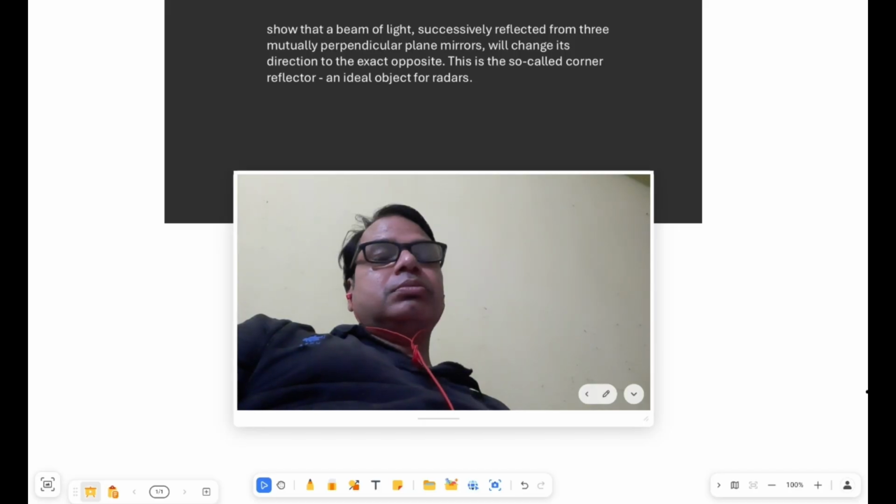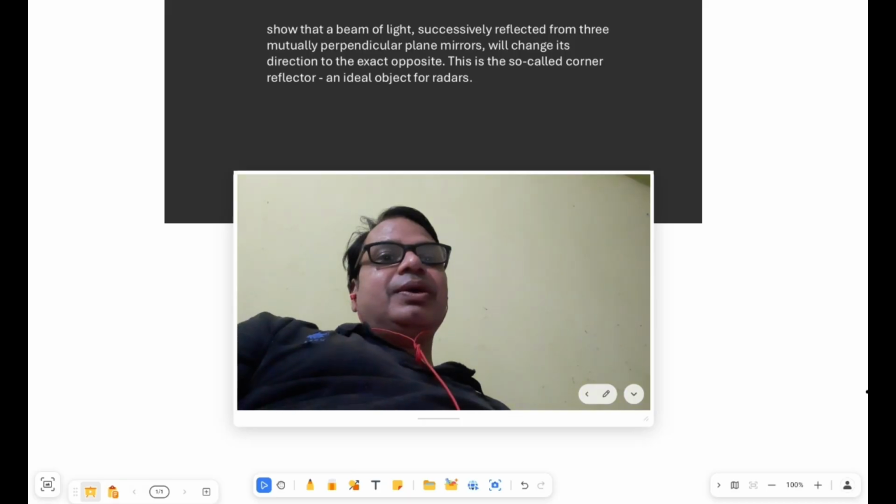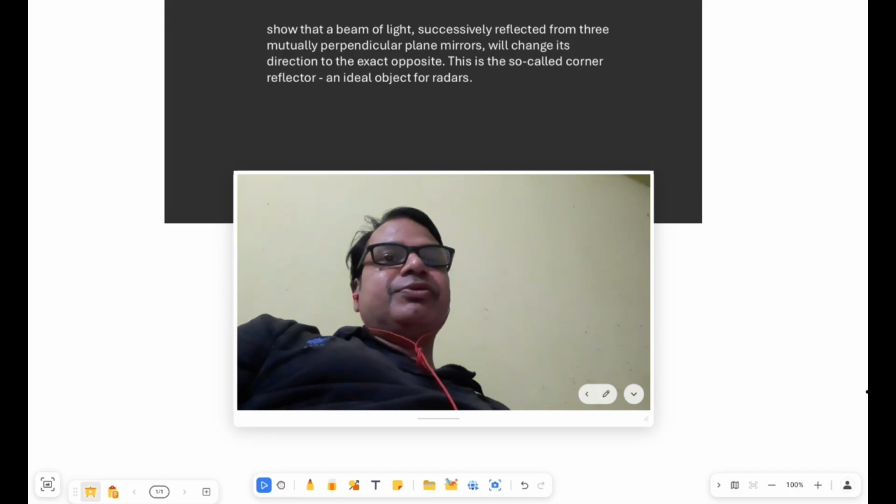Just look at a corner of your room and you will find these three mutually perpendicular planes. And the problem is that a beam of light successively reflected from three mutually perpendicular plane mirrors will change its direction to the exact opposite.